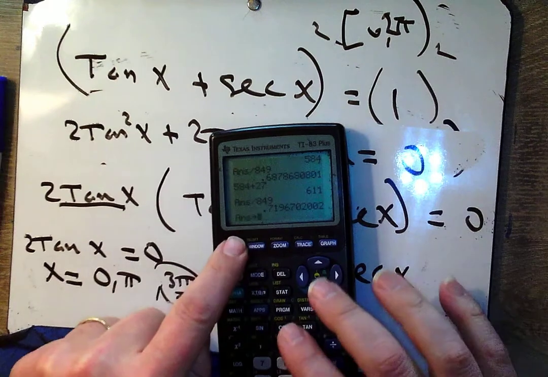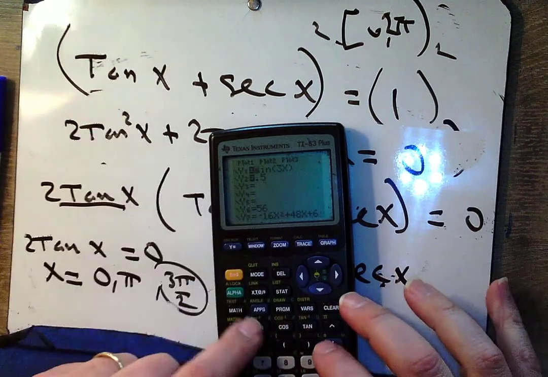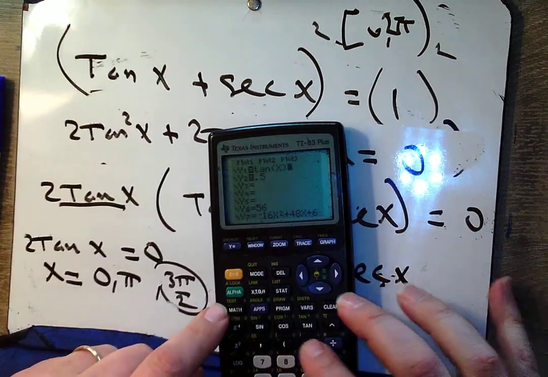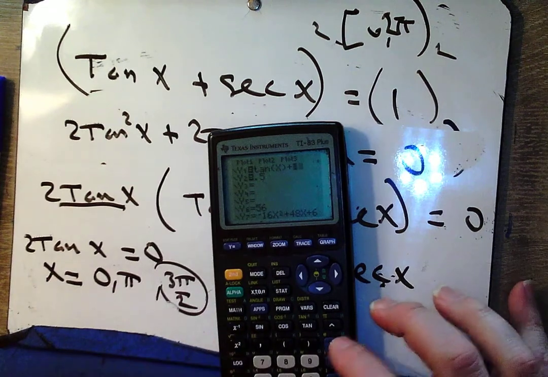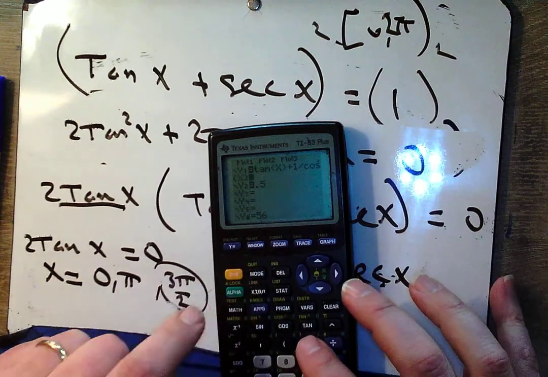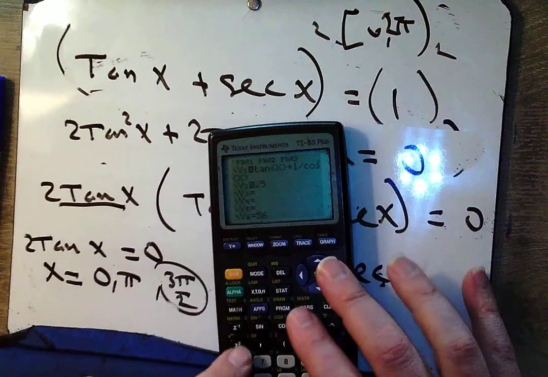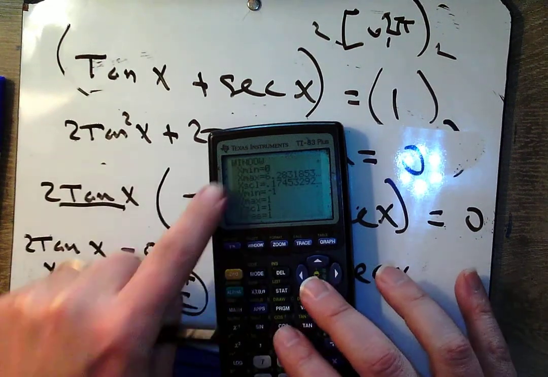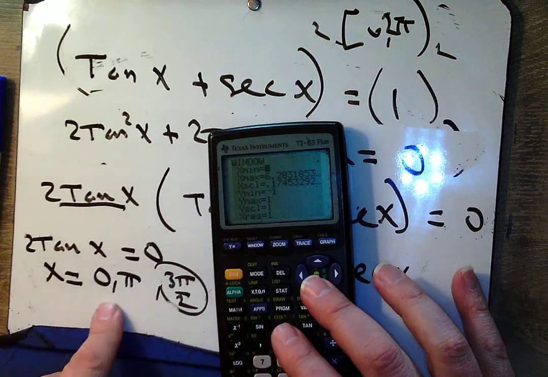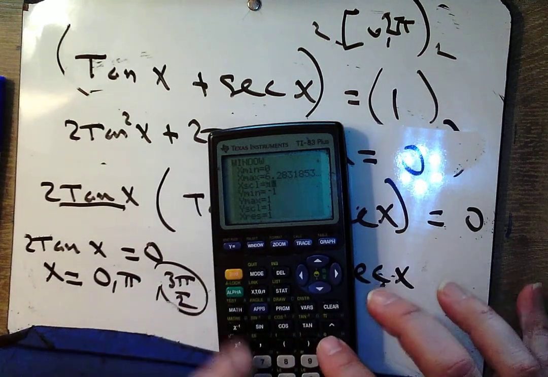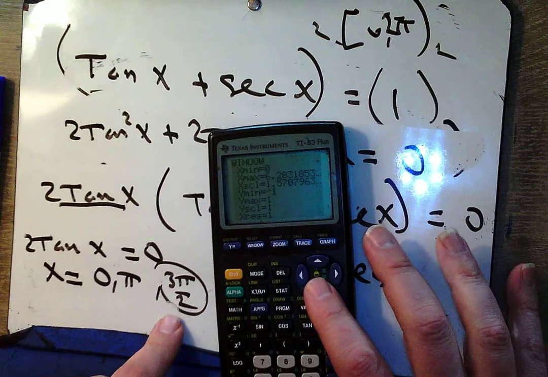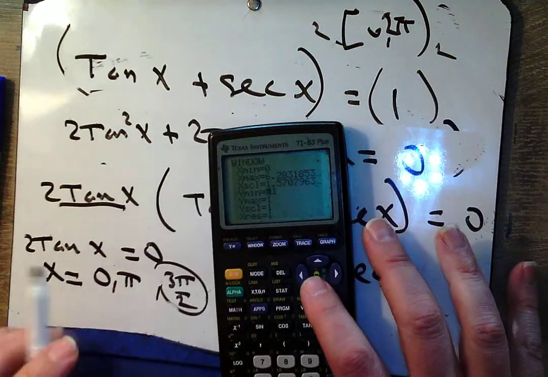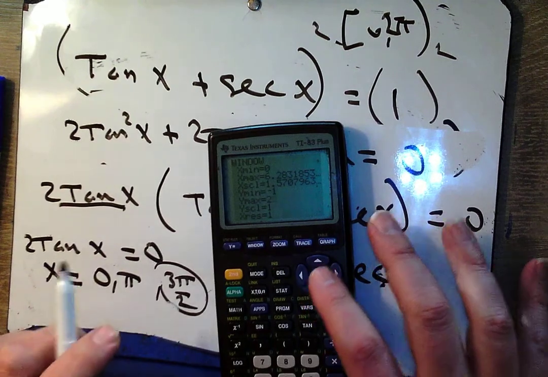I think I have these solutions, so I'm going to graph tangent x plus 1 divided by cosine x, and I'm going to graph 1, and I'm going from 0 to 2 pi, in steps of pi over 2, and I want this equal to 1, so I'm going to go up to 2.